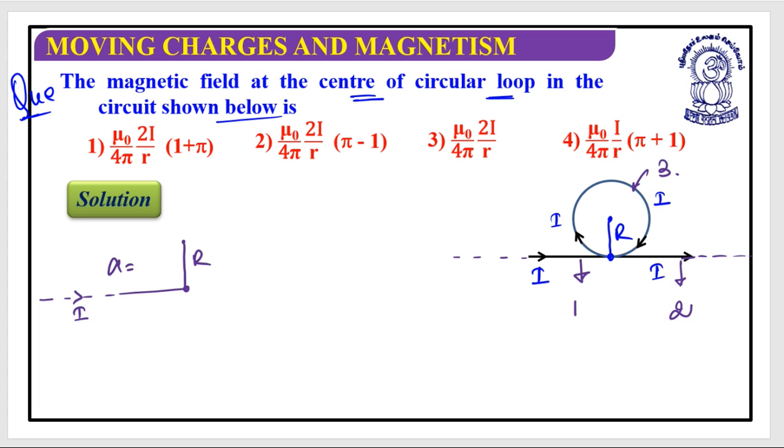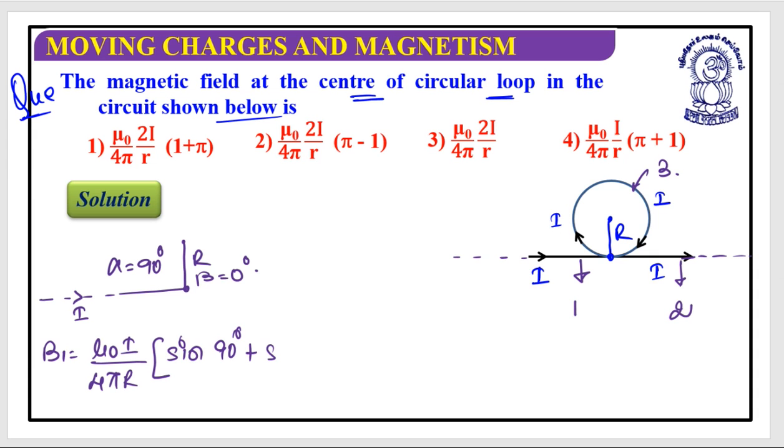So on this side, alpha should be equal to 90 degrees and beta should be equal to 0 degrees. So B1 should be equal to mu naught I by 4 pi R into bracket sine of 90 degrees plus sine of 0 degrees.